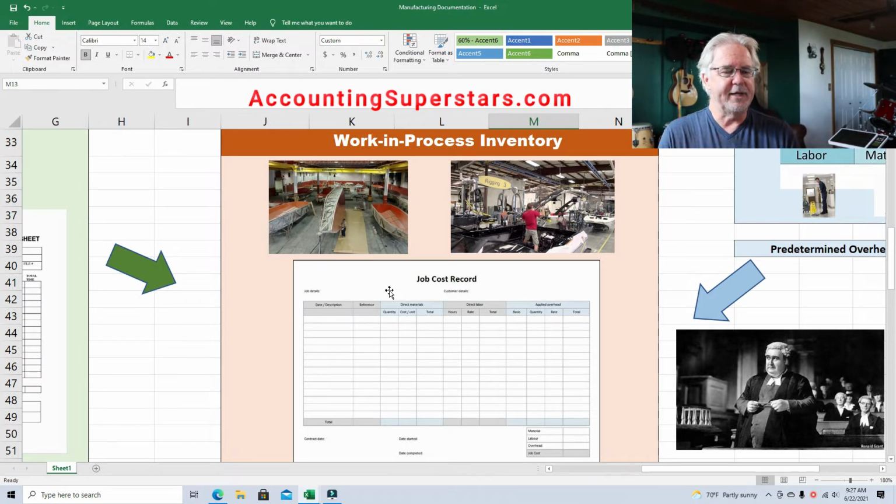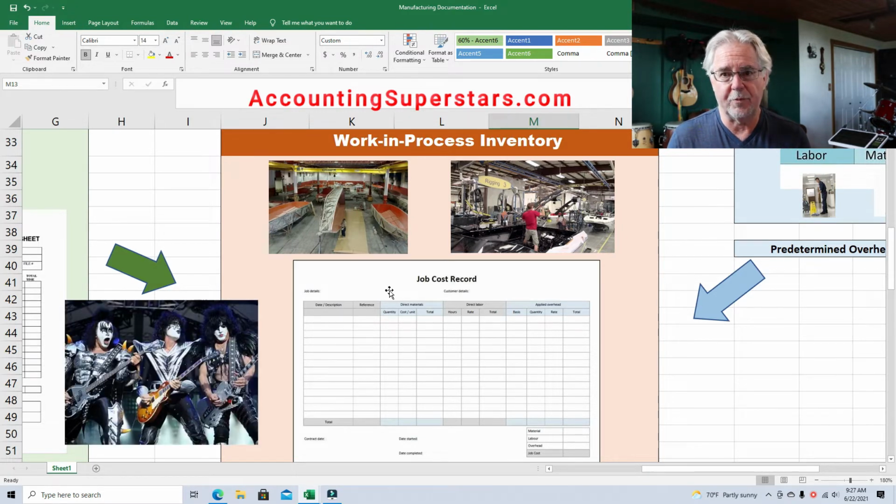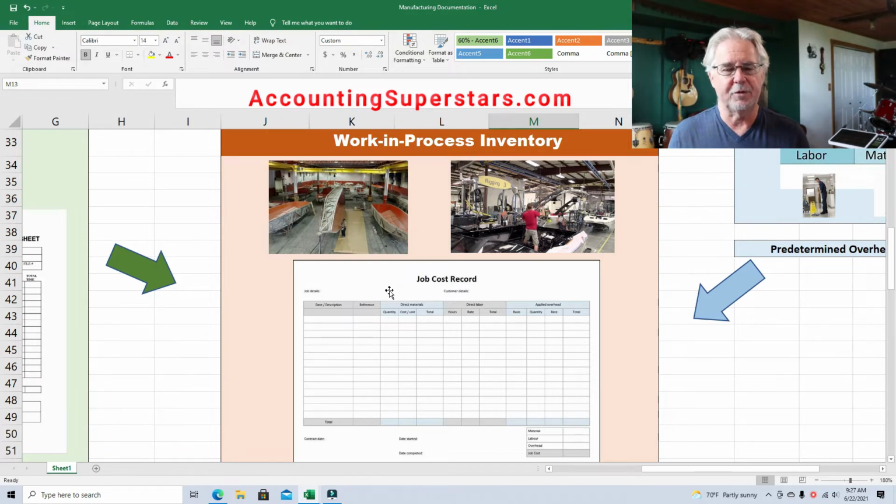So it not only applies to manufacturing, but also to things like auditing firms, accounting firms, probably rock and roll bands that are doing records or going on tour in different cities. So these job cost records are pervasive. Pervasive is a big word. I know it means everywhere. They're everywhere.